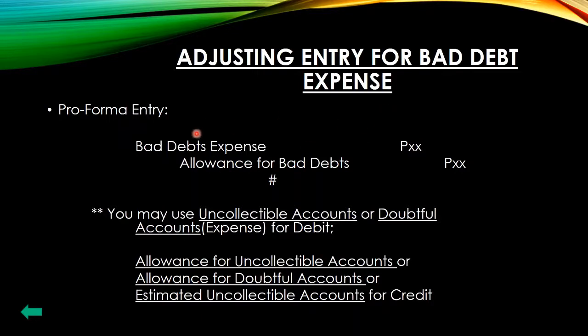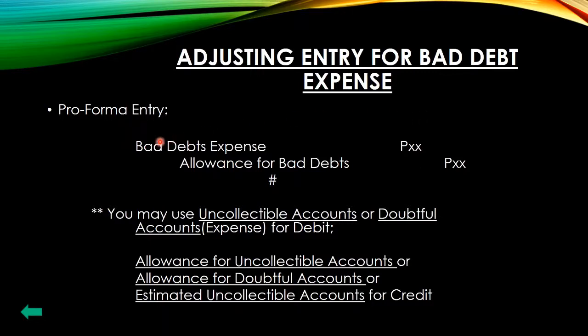Anyway, usually, account titles are provided in the chart of accounts. Dito na mo mangita sa appropriate na account title. Again, the chart of accounts is where you will find the list of all account titles of an entity.